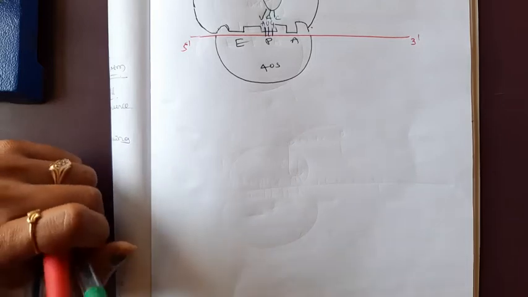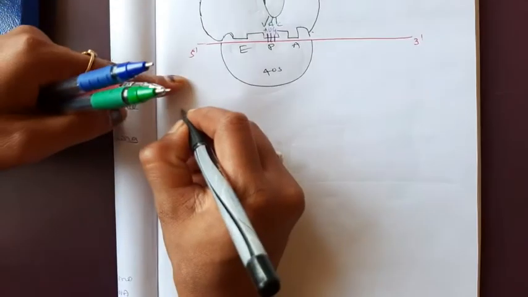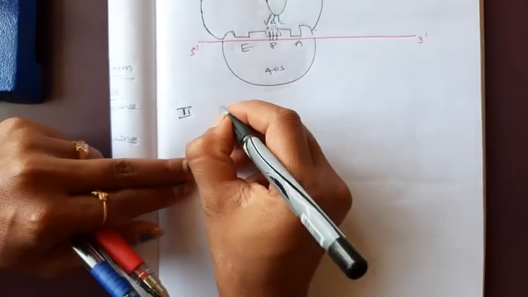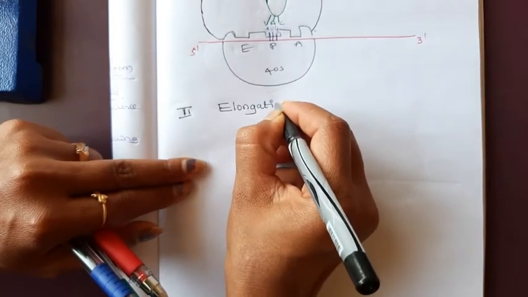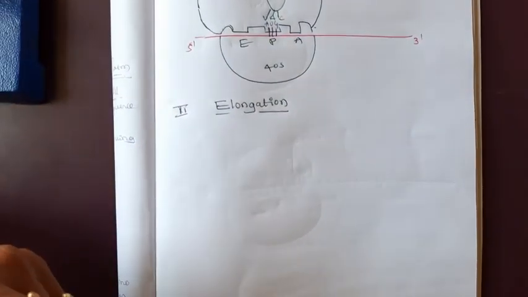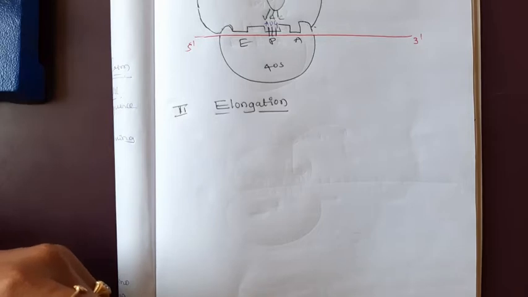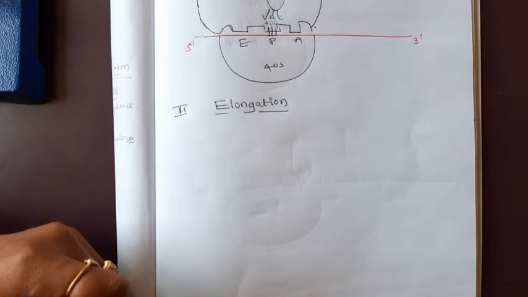Then the second thing, the second process, that is elongation. Okay. During elongation there are 3 processes that occur. The amino acid tRNA synthetase enzyme will bring the different tRNAs towards the mRNA ribosome complex.